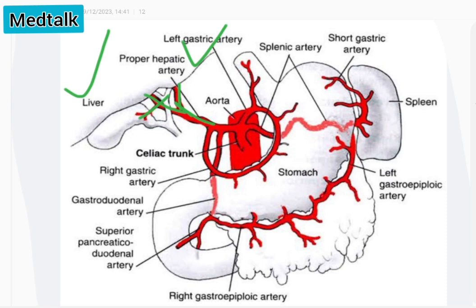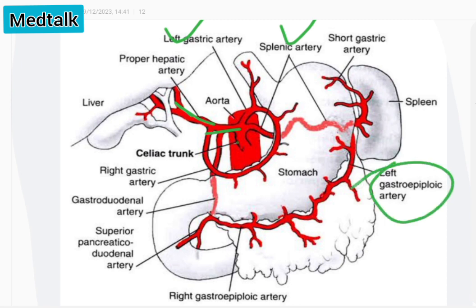Okay, so this is basically the celiac trunk and its branches. The celiac trunk has mainly three branches: left gastric artery, splenic artery, and the common hepatic artery, which supply the foregut. The splenic artery gives two branches, the short gastric artery and the left gastroepiploic artery, and supplies the spleen by the splenic artery proper.